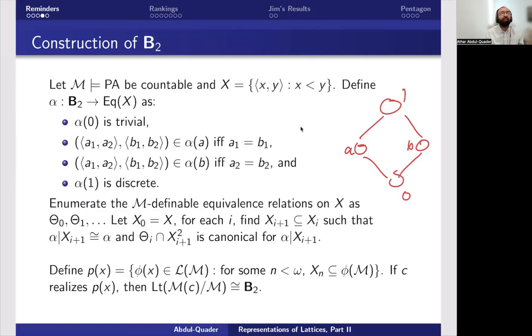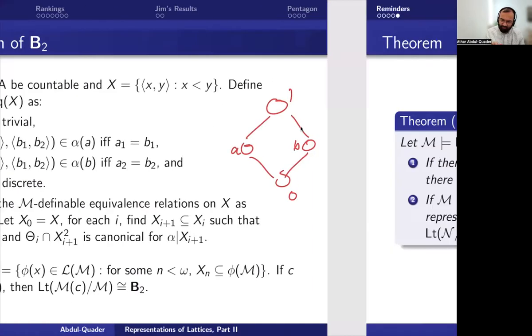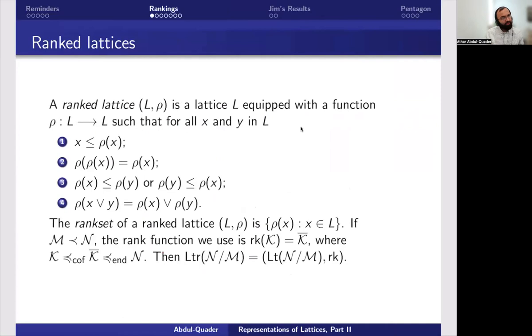Rez was here last time and asked me which one ends up being an end extension: does M of A or M of B end up being an end extension, and does one of them end up being cofinal or something like that? I wanted to analyze that a little bit more and try to understand what you can do to actually ensure a certain ranking of your lattice.